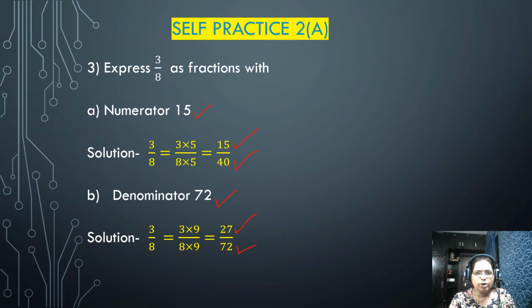So we get 3 divided by 8 equal to 27 divided by 72, and these are equivalent fractions.